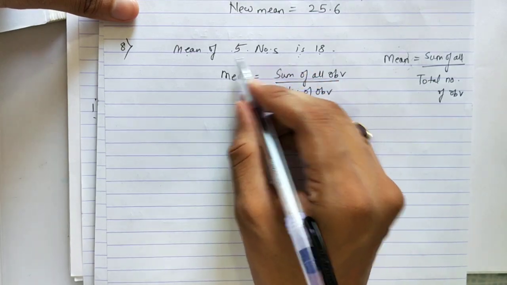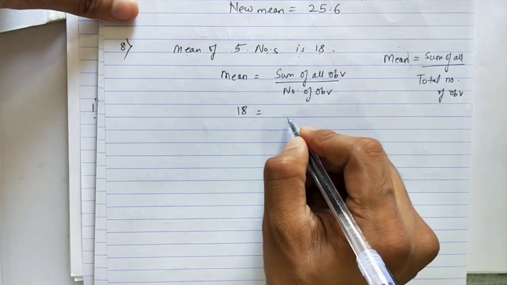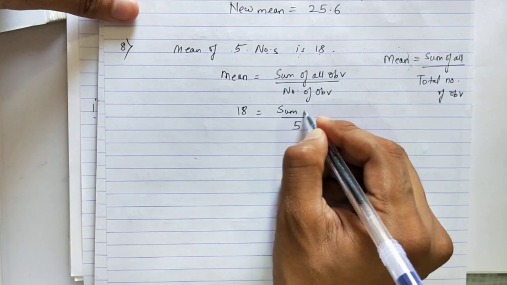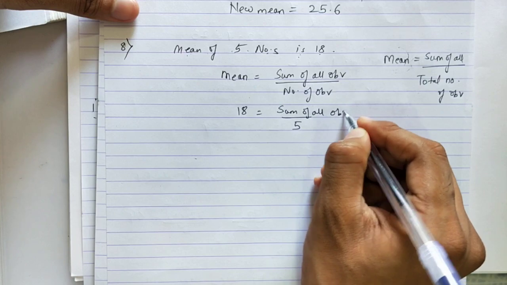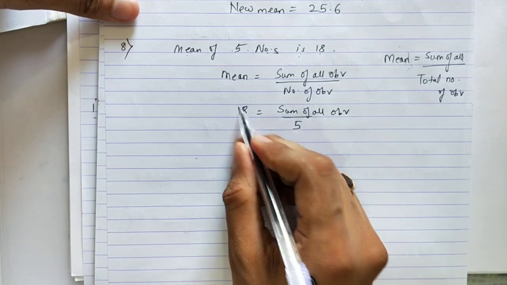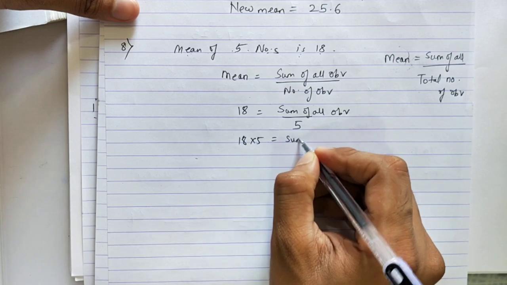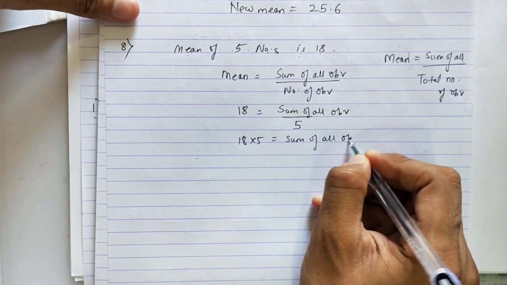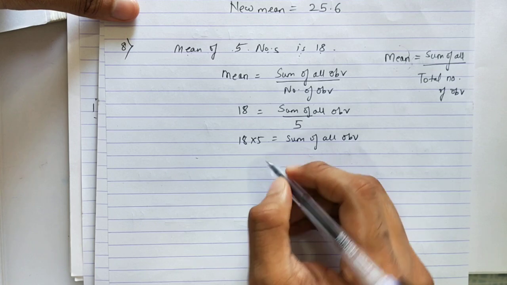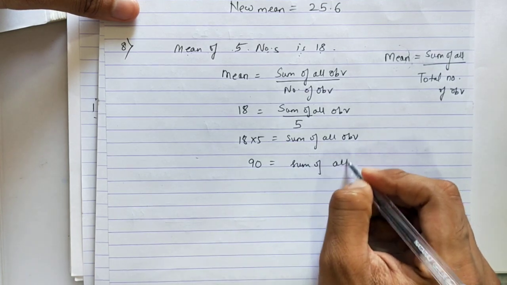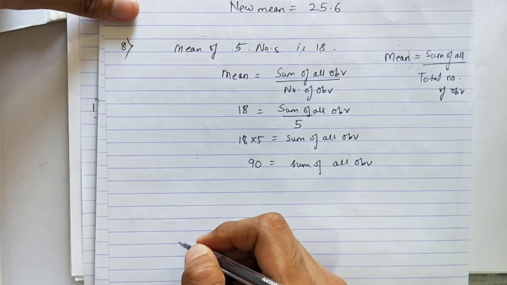Of 5 numbers means number of observations is 5. So sum of all observations, this 5, if I multiply it here, this will become 18 into 5. I got sum of all observations. 18 into 5 is how much? 90. 90 is sum of all observations.